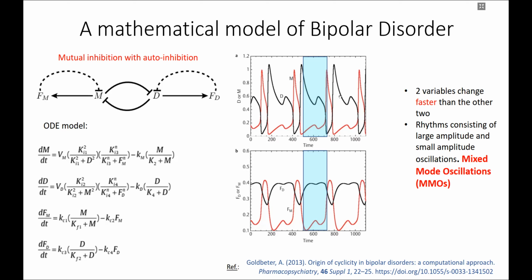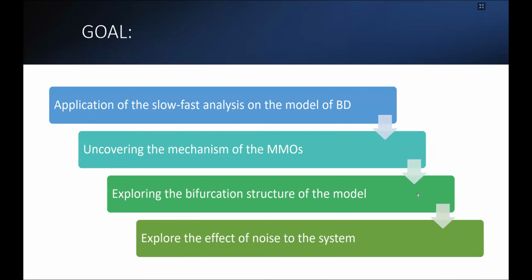Moreover, we can see that these rhythms consist of large amplitude oscillations followed by small amplitude oscillations. These kinds of rhythms are often referred to as mixed mode oscillations, and they could correspond in a way to the mixed affective states that we mentioned earlier.